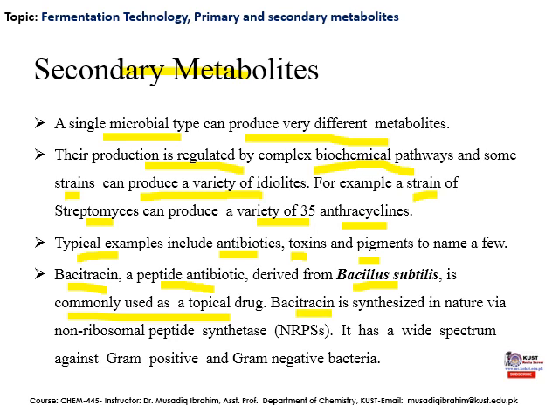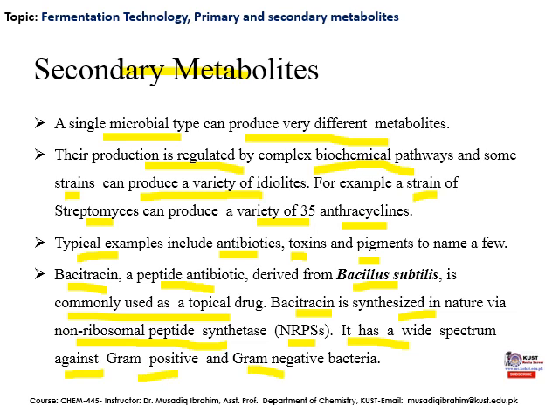Bacitracin is synthesized in nature through the non-ribosomal peptide synthetase enzymes, which are abbreviated as NRPSs. Now, this bacitracin has a wide spectrum against gram-positive as well as gram-negative bacteria.